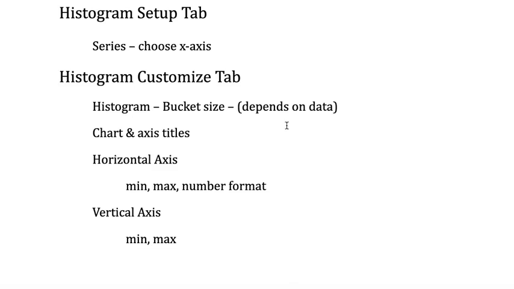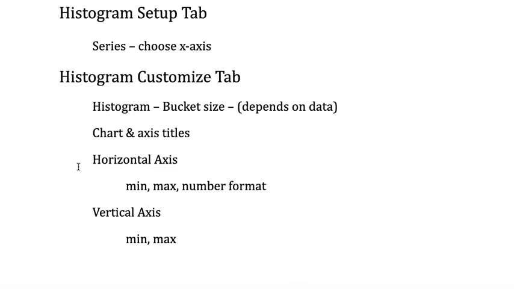In that case, it went by ones, but we might want to go by fives or tens or something. Then we changed the chart and axis titles so that they are nice and descriptive.